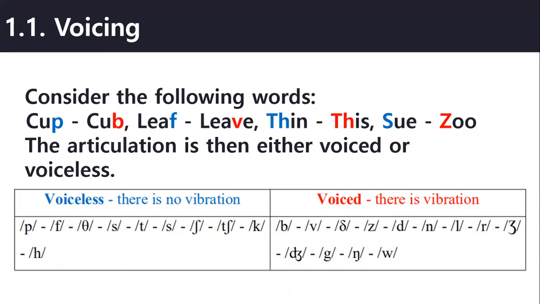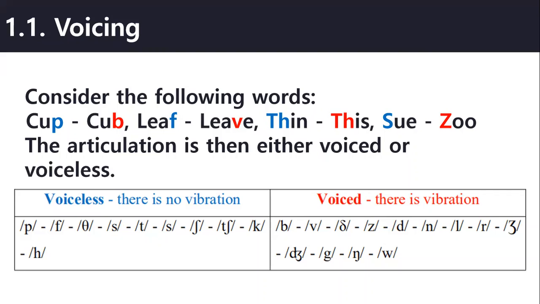Voiceless, there is no vibration, in the cases of p. Again, if you want, put 2 fingers gently on your throat and articulate with me. P, f, th, s, t, sh, ch, k, h.